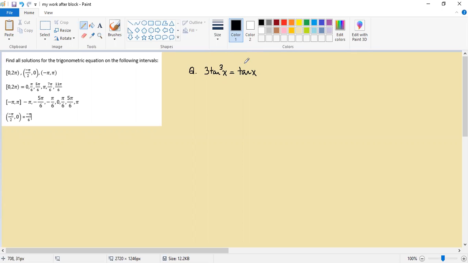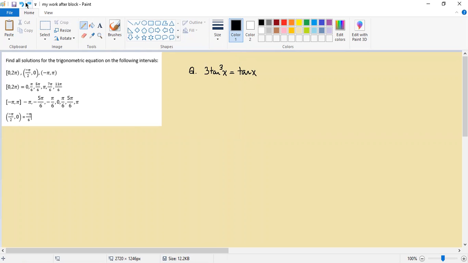So there are really two ways to go about this. We could firstly move the tangent x to the other side, which is part of the motivation to isolate everything on the left-hand side in that case. Or we could divide by tangent of x on both sides and be left with 1 on the right-hand side.